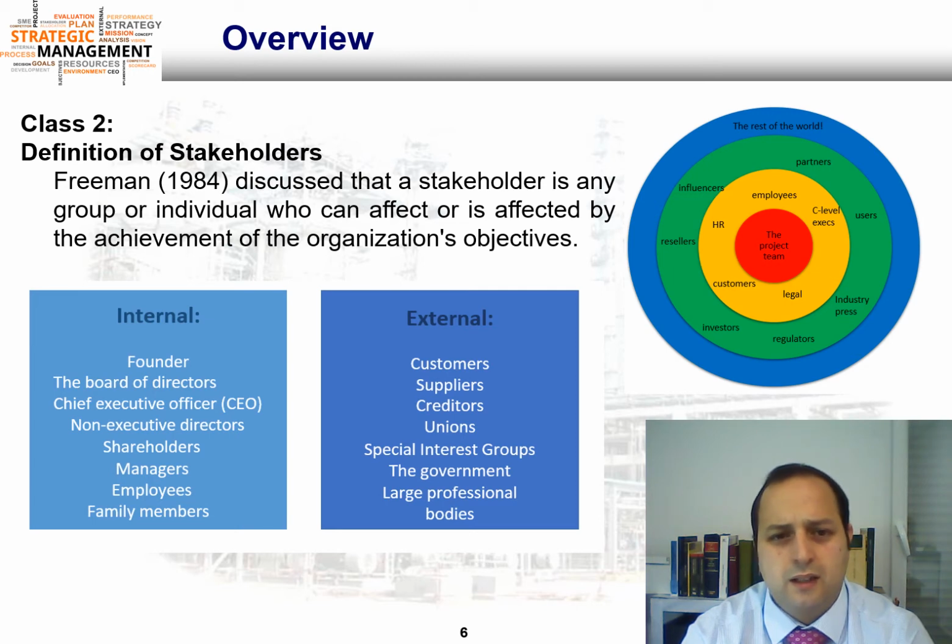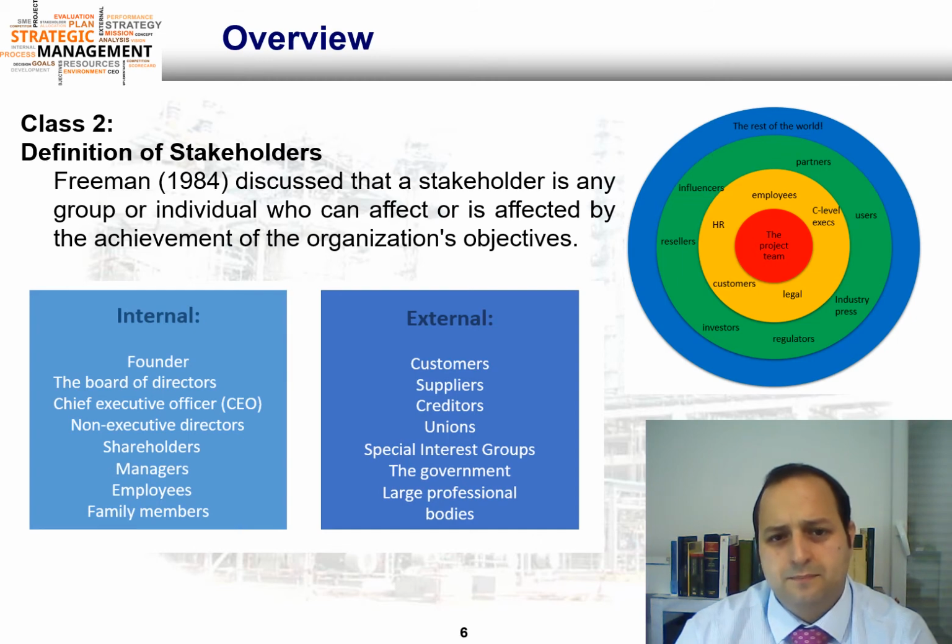Internal stakeholders are the founder, the board of directors, the CEO, the shareholders, of course, the managers, employees, and family members in the case of a family business. Among external stakeholders, we can refer to customers, suppliers, creditors, unions, special interest groups, the government, or large professional bodies.